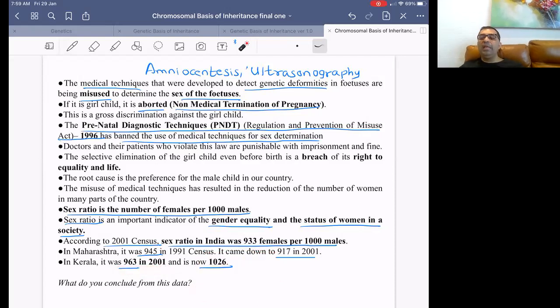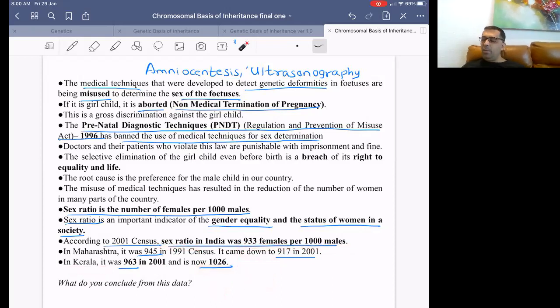This is happening in Kerala because Kerala has 100% literacy rates, and wherever literacy rates are high, the discrimination against females is not there. Now we have a wonderful sex ratio of 1026 females per thousand males in Kerala. But in India, it's still bad. It's 933 females per thousand males.